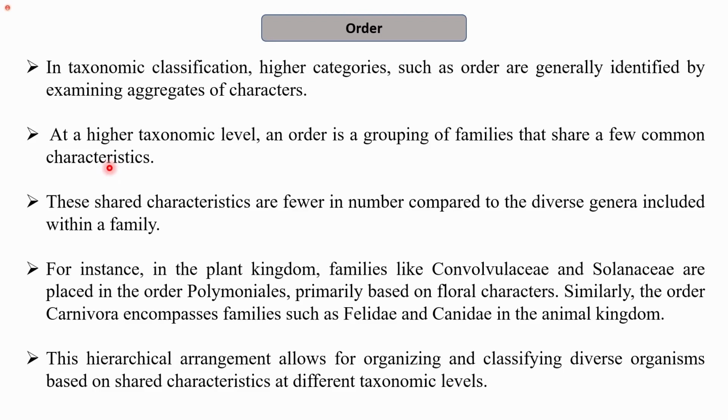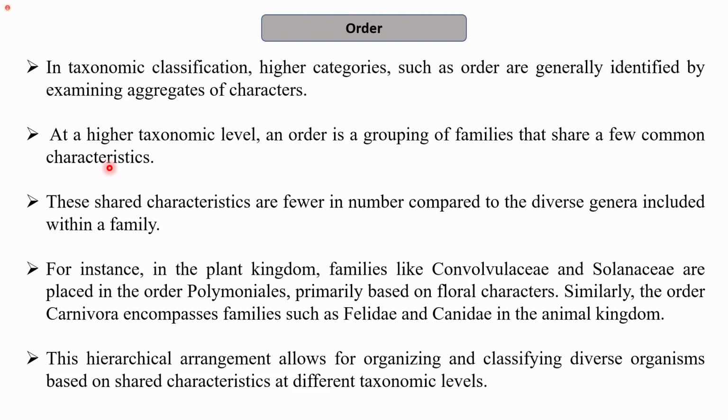For instance, in plants, families like Papaveraceae and Solanaceae are placed under the order Polemoniales, primarily based on floral characteristics. Similarly, the order Carnivora, if I consider the animals, encompasses families such as Felidae and Canidae.